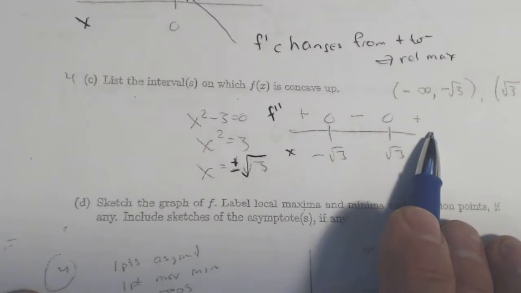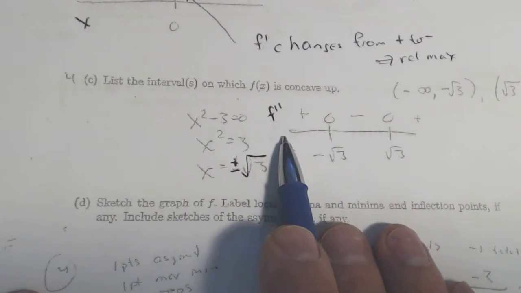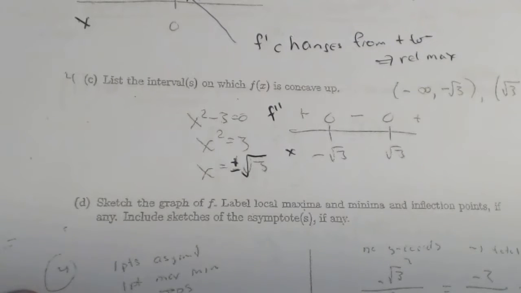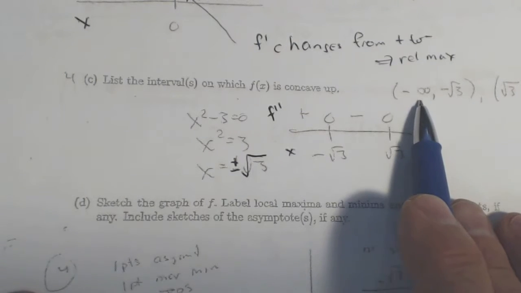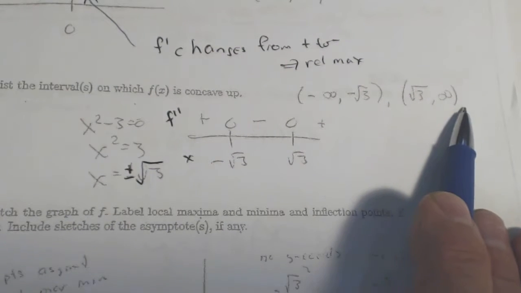For any number out here like 10, 10 squared minus 3 is positive, and since -10 squared is also 100, -10 squared minus 3 is positive. We get positive signs on the outside, therefore our graph is concave up where we see the positive signs: negative infinity to negative root 3, and root 3 to infinity.